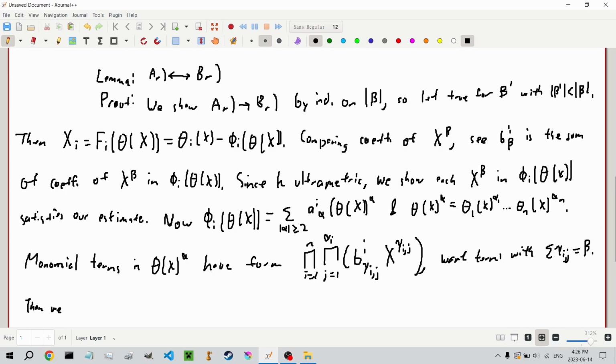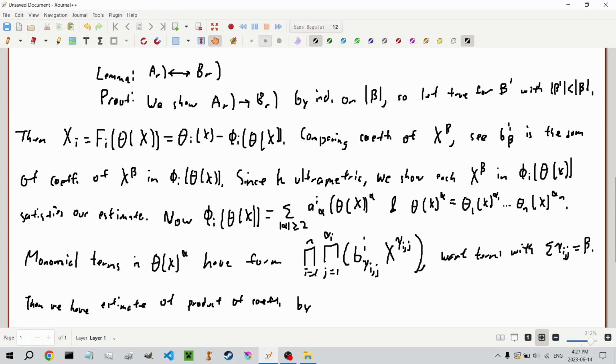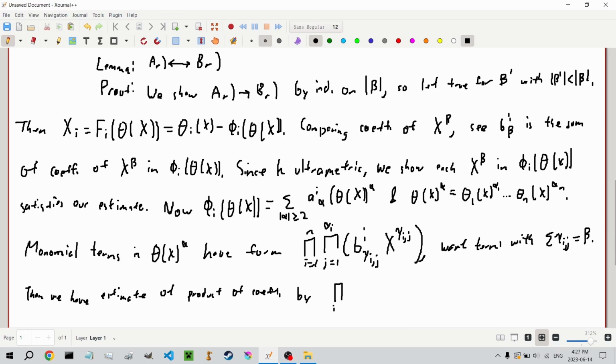Then we have the estimate of the product of coefficients by the product over i and j of r to the size of gamma of i comma j minus 1, being equal to r to the size of beta minus the size of alpha.